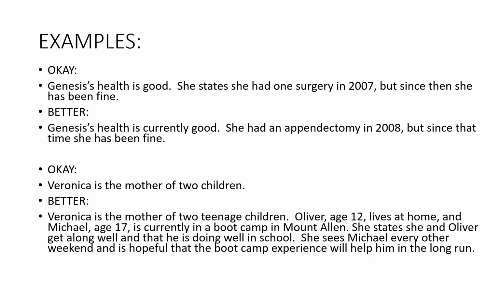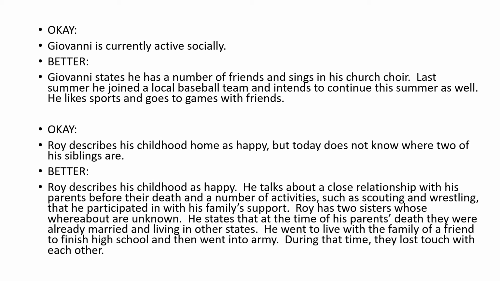She states that she and Oliver get along well and that he is doing well in school. She sees Michael every other weekend and is hopeful that the boot camp experience will help him in the long run. So you can see how much more information. It's so good, because when a person reads it, like, okay, we know exactly what kind of relationship she has with her children.